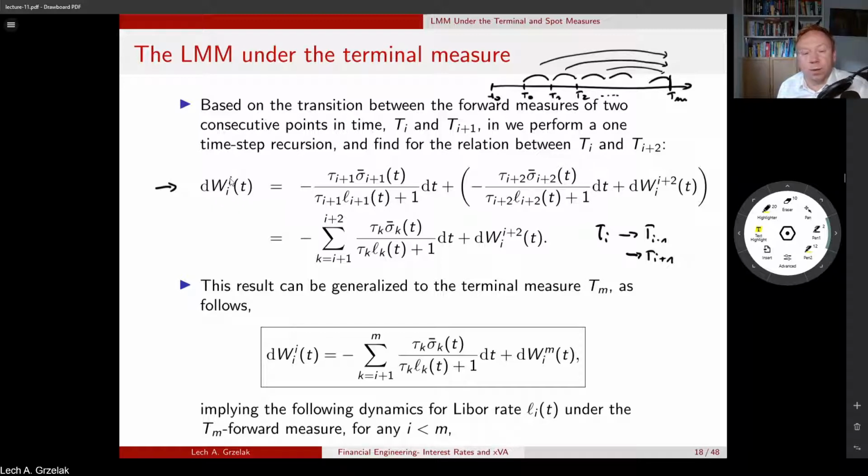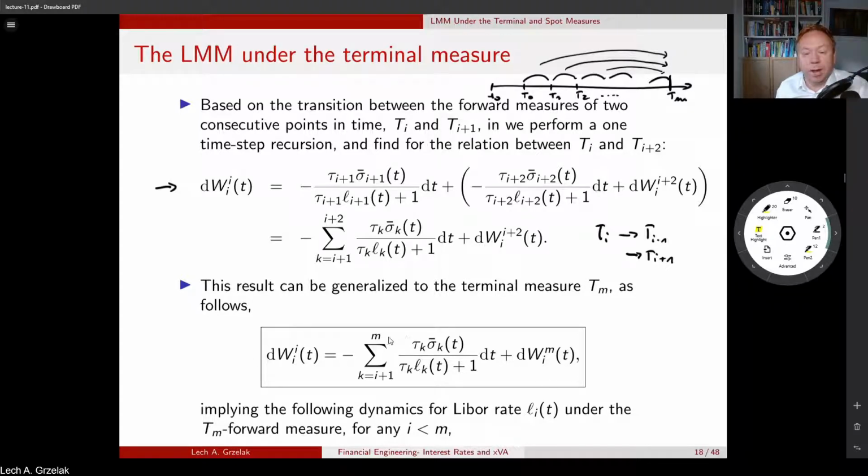So we have a forward measure T_i, and we switch to measure T_{i+2}. And if we iterate until the last coupon, corresponding to the T_M measure, then we have this expression.